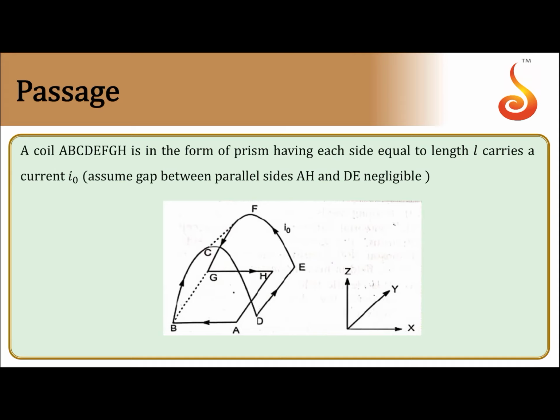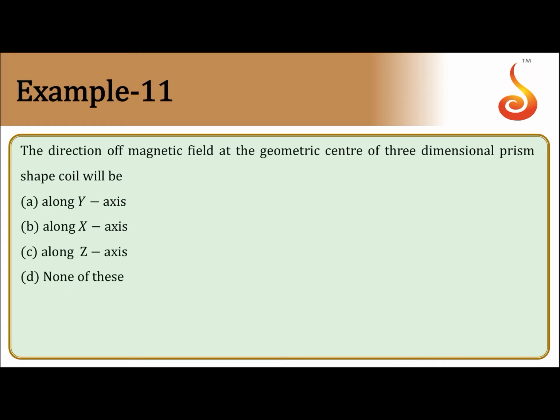Then it will become a symmetrical figure, and the direction of the magnetic field at the geometric center of the three-dimensional prism shape coil will be.